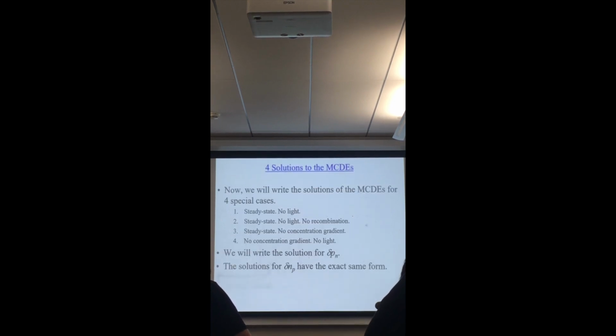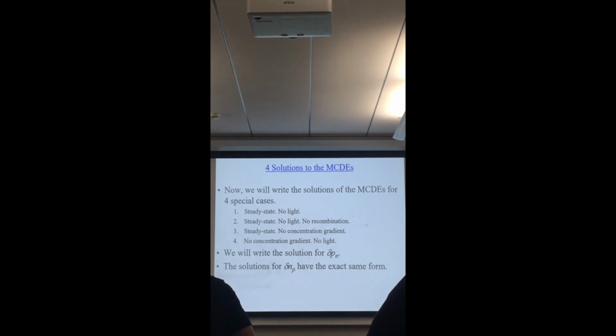Okay, so today we'll try to discuss these four special cases. We have steady state with no light, steady state with no recombination, steady state with no concentration gradient, and the last one will be no concentration gradient plus no light.